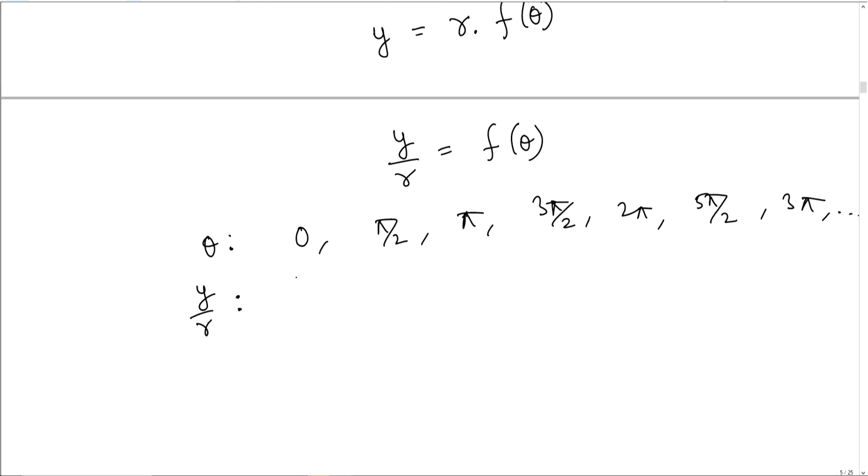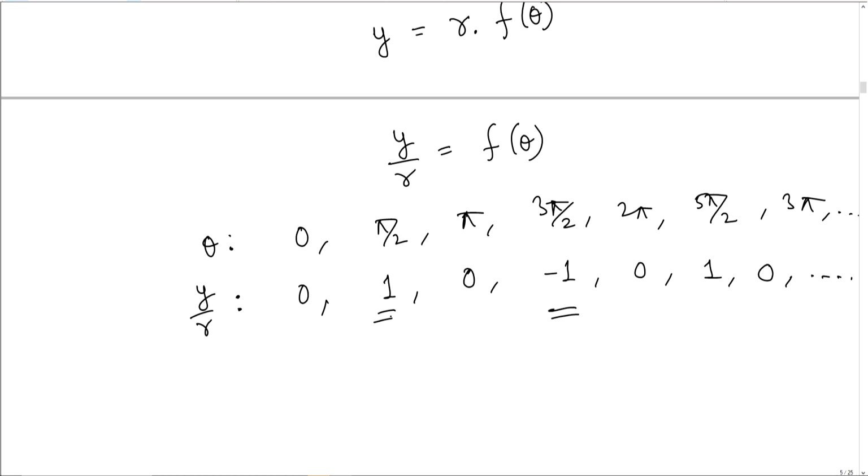So, y by r will take a value 0 here, here because the value of y was r, so this is r by r, 1, this is 0, this would be minus r by r, minus 1, this is 0, this is 1, this is 0. Okay. So, corresponding values are now between minus 1 and 1. Lowest value can go up to minus 1, highest value can go up to 1.